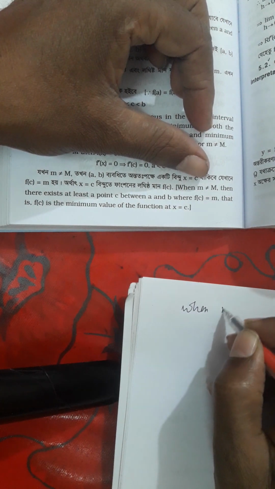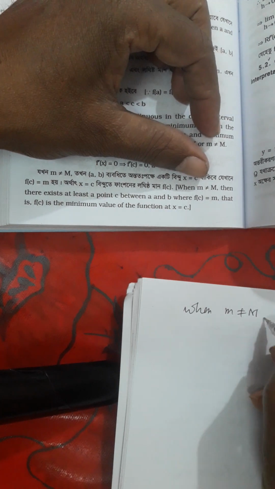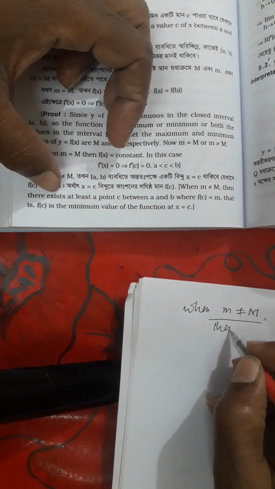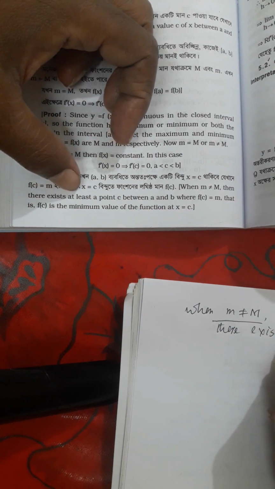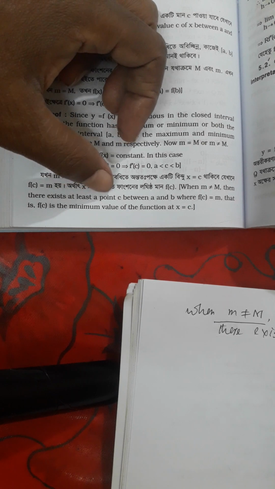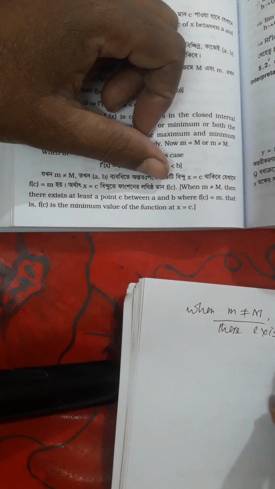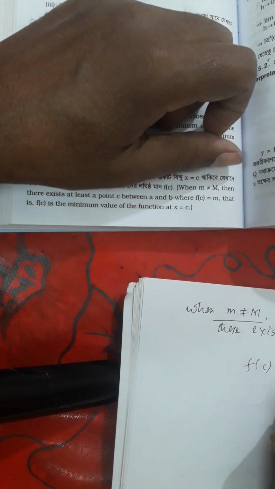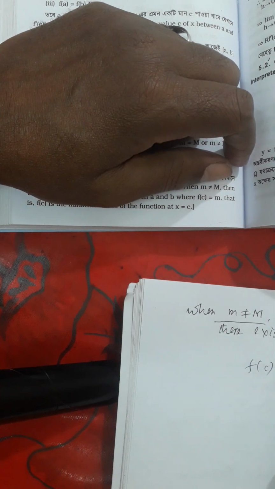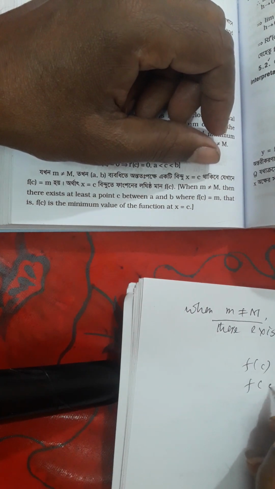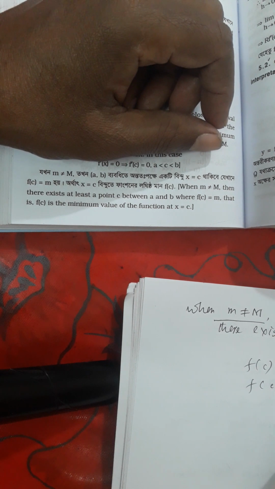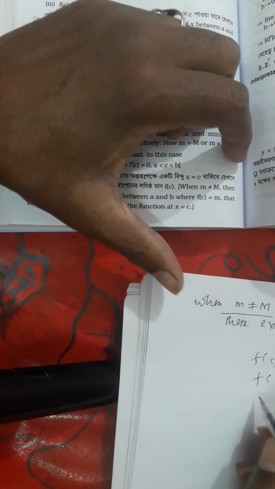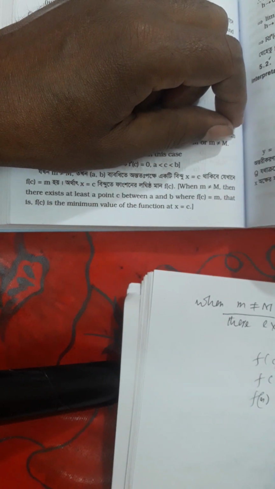When M is not equal to m, then at least one value exists. There exists at least a point c, where a is less than c is less than b, where f of c equals M. That is why f of c is the minimum value of the function f of x at x equals c.